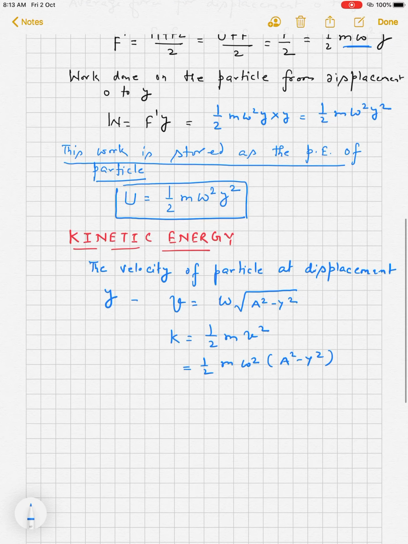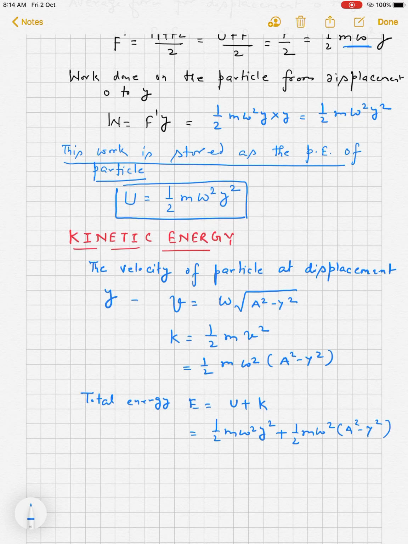So the total energy E is equal to U plus K. U is half m omega square y square, plus K, which is half m omega square into a square minus y square.